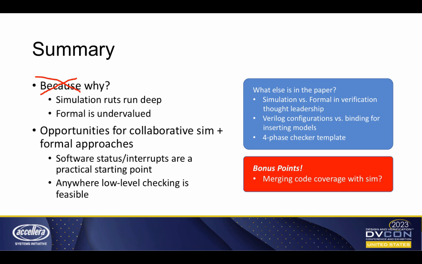But I think generally speaking, anywhere where low level checking is feasible, maybe we can be stepping away from the big heavy UVM test benches and simulation, and looking at a low level technique for proving low level functionality.